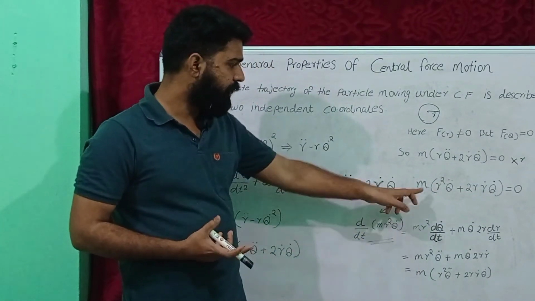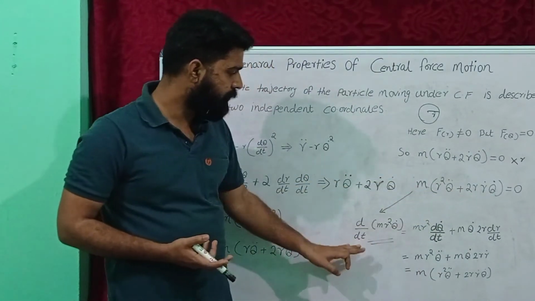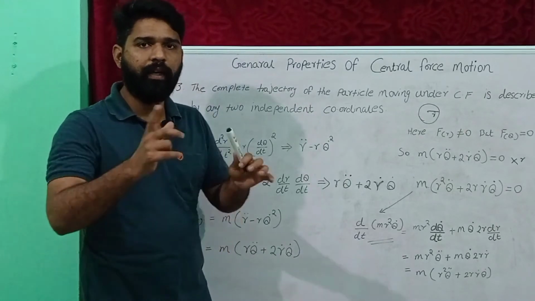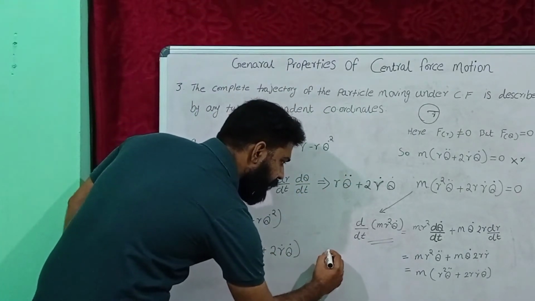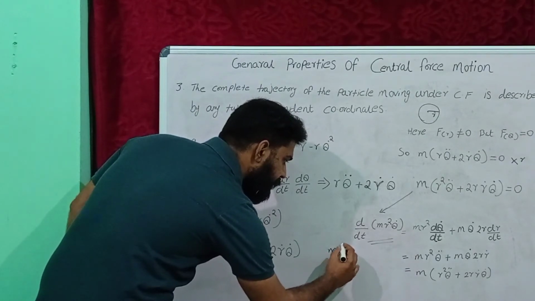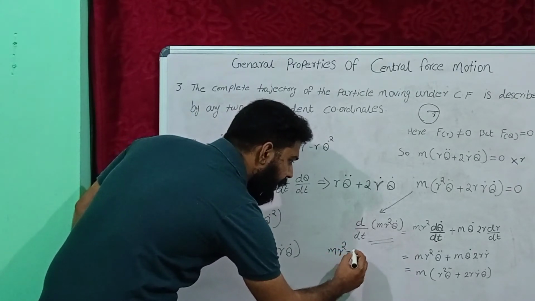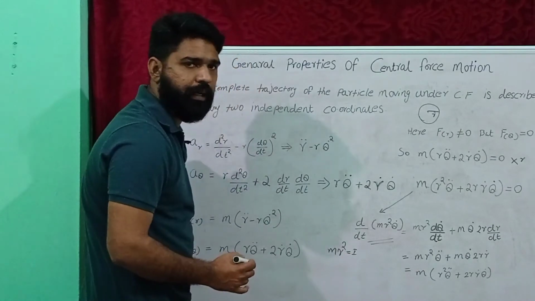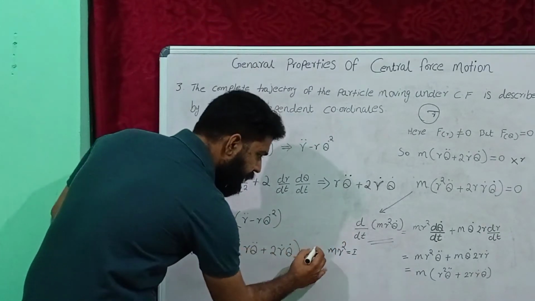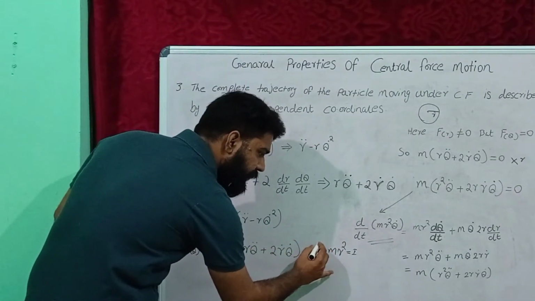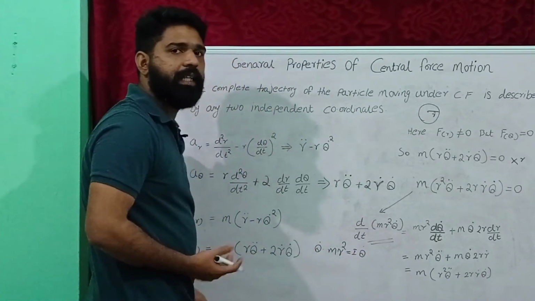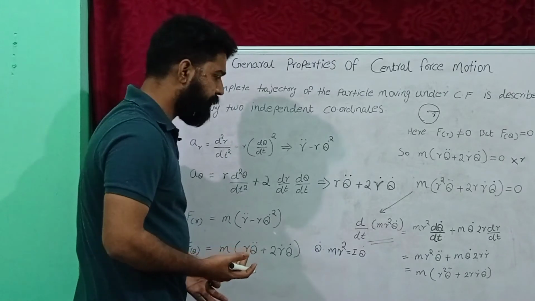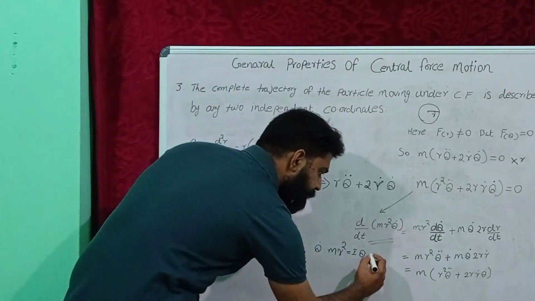Then we can rewrite this equation in this form. Here m r square equals I, the moment of inertia, then I theta dot. What is this?